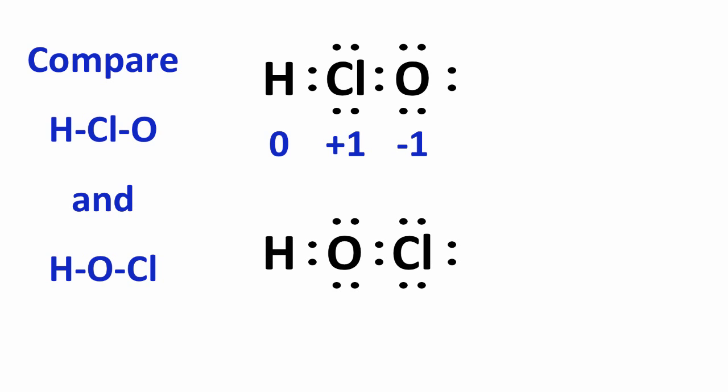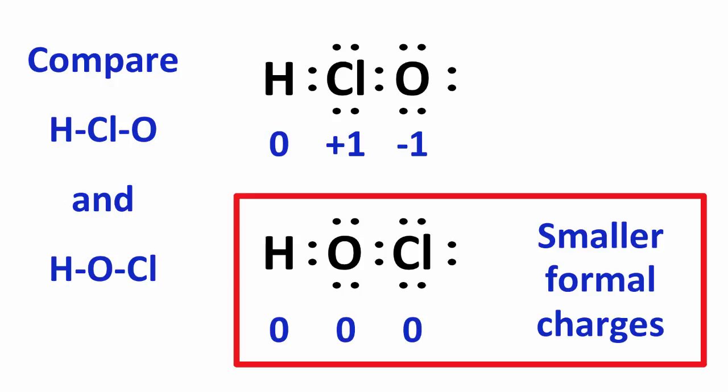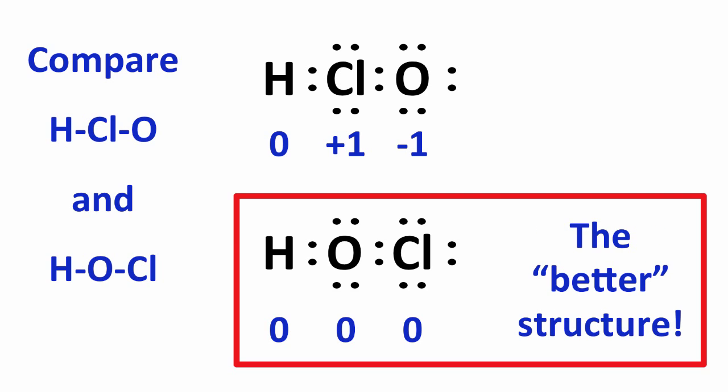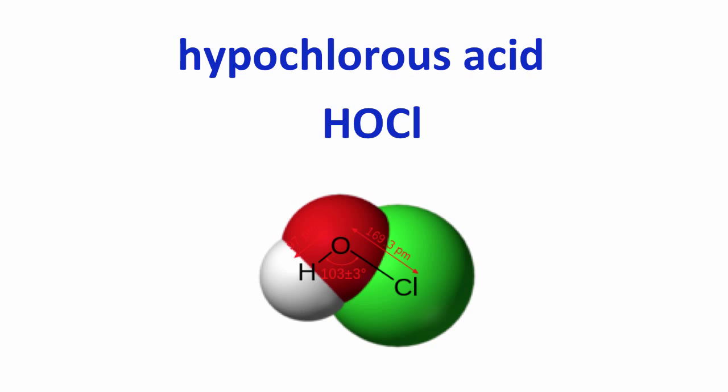But in HOCl we had 0, 0, and 0, and those are even smaller than plus 1 and minus 1, and therefore, because this molecule, HOCl, has smaller formal charges overall, it is the better structure, and it is in fact the actual structure of HOCl, hypochlorous acid. It has a hydrogen bonded to an oxygen, bonded to a chlorine, and it has a bent molecular shape as shown here.